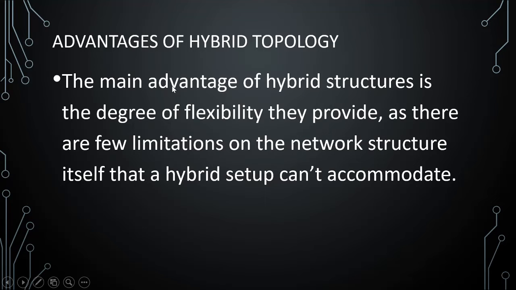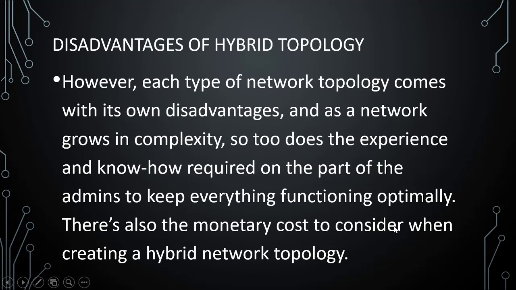So the main advantage of hybrid structures is the degree of flexibility they provide, as there are few limitations on the network structure itself that a hybrid setup cannot accommodate. And the disadvantage of hybrid topology is, however, each type of network topology comes with its own disadvantages.